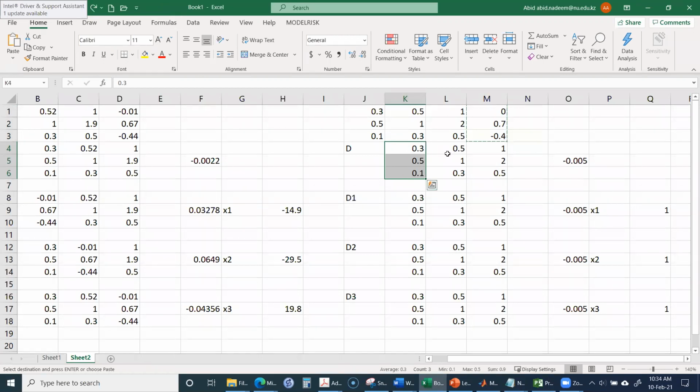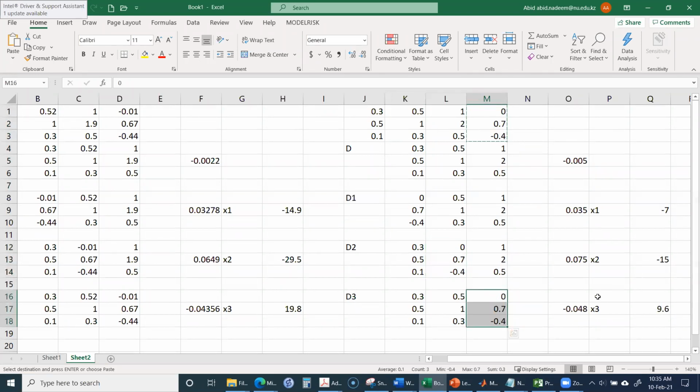Yes, this is 0.3, 0.51, 0.512, 0.1, 0.5. And now I take these values, Control C, then Control V. Oh, no, not here. The second column. Yes, second column. Control C and Control V.